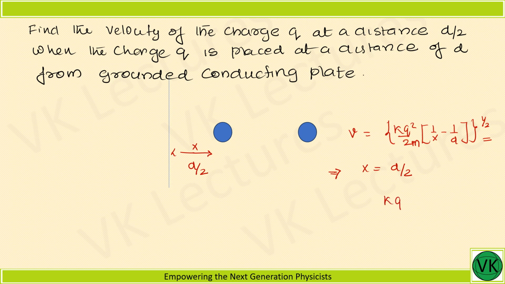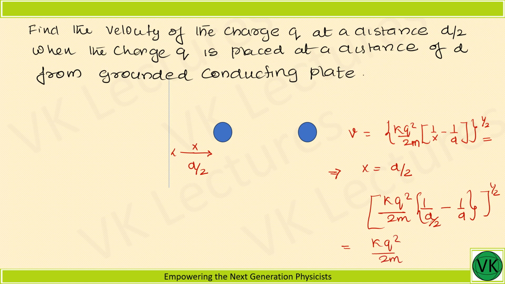So kq square by 2m into 1 by d by 2 minus 1 by d to the power half. So that's equal to kq square by 2m, 2 by d minus 1 by d is 1 by d, so it's 1 by d to the power 1 by 2.